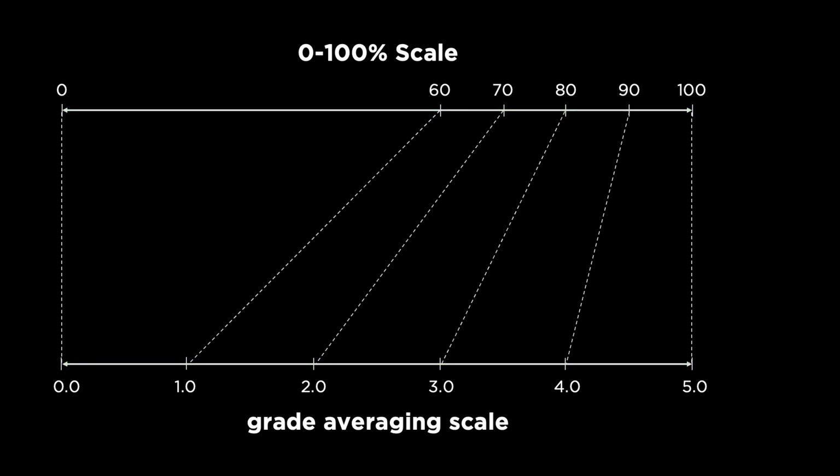For example, a 0 on the 0 to 100 scale converts to and is still a 0 on the grade averaging scale. A 75, which is in the middle of the C grade interval, converts to a 2.5 on the averaging scale. And a 100 on the 0 to 100 scale converts to a 5, and so on.